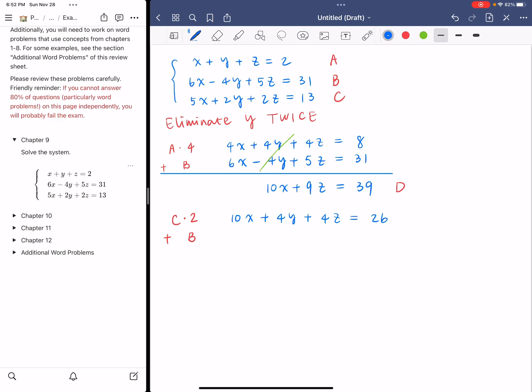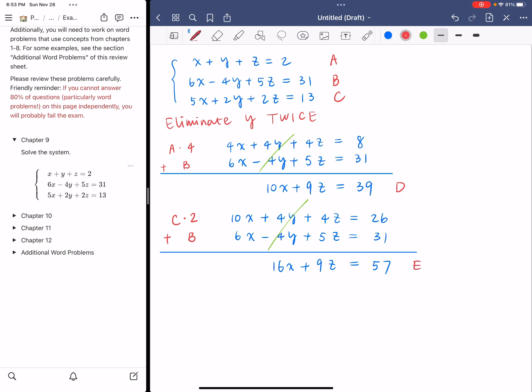And then equation B, we're not changing anything, so you just copy it. 6x minus 4y plus 5z equals 31. Let's add these two equations. As expected, variable y cancels out. We have 16x plus 9z equals 57. And we're going to name this equation E.